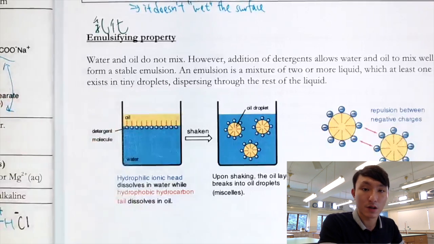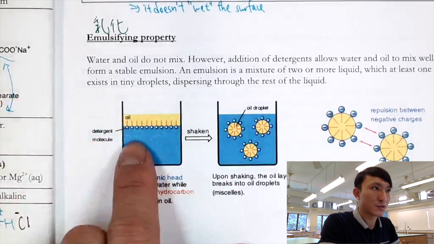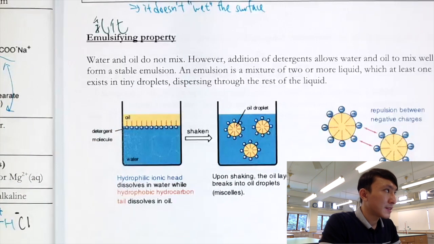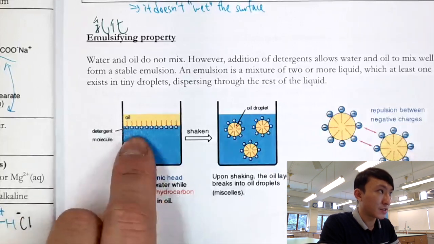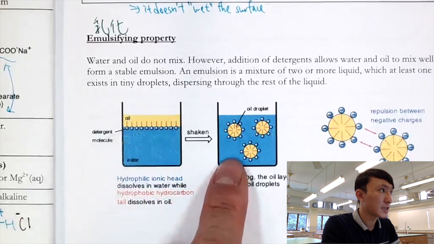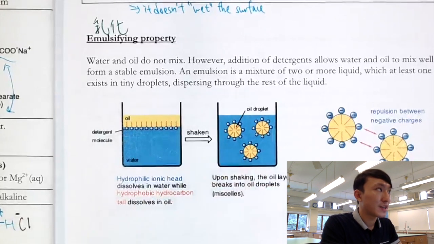Basically, like dissolves like, so they dissolve in the solvent that they like. Very simple. Once you add the detergent molecules, we shake it, or stir it with a stir rod. Once you stir it, the oil will be broken down into oil droplets.